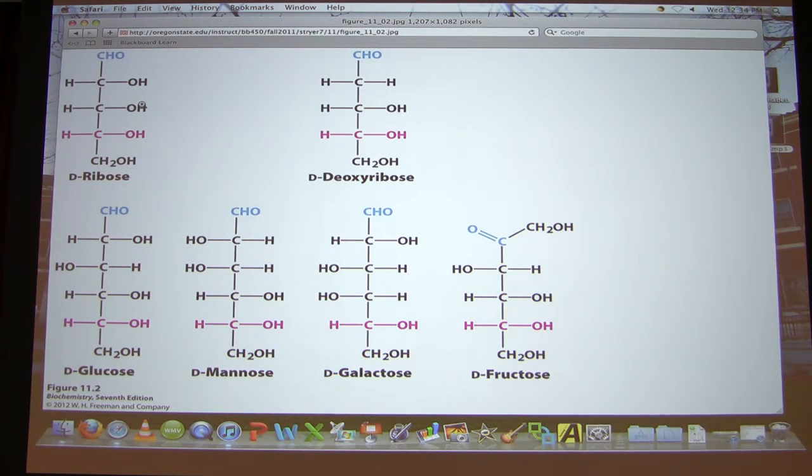So you should know the straight chain and the ringed structure forms of glucose, galactose, fructose, and ribose. Ring and straight chain, glucose, galactose, fructose, ribose.